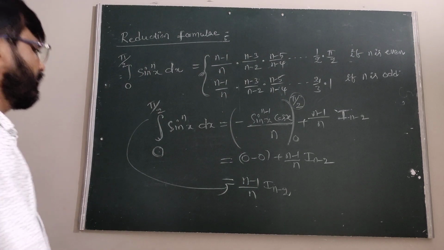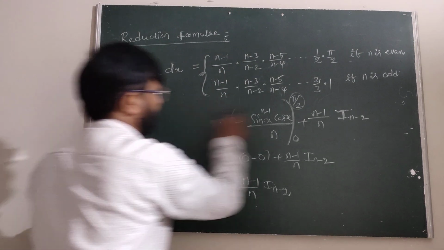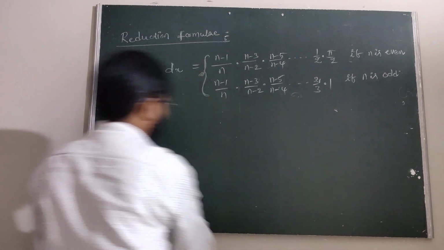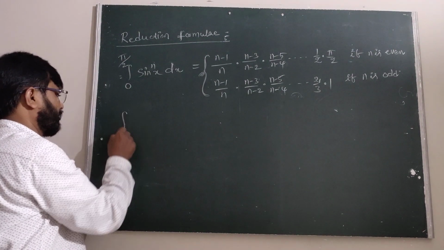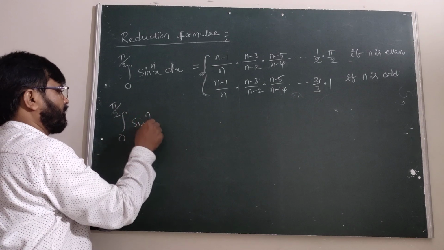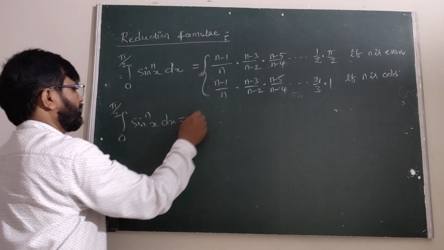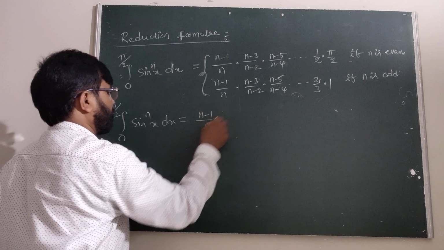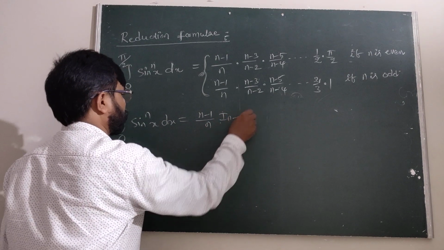All of you listen here. The integral from 0 to pi by 2 of sin power n x dx, that is I n, equals n minus 1 by n into I n minus 2.